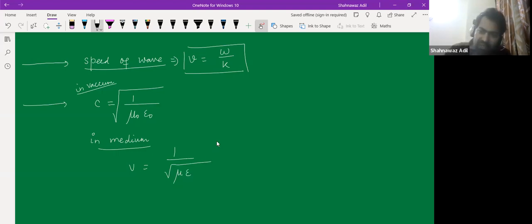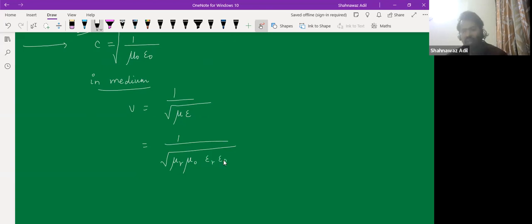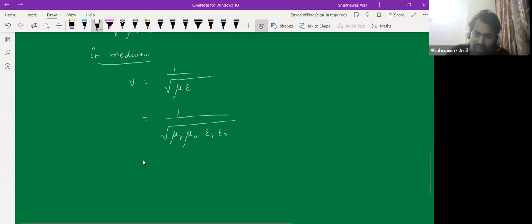So if I write this mu and epsilon in terms of relative values, this would be mu r and mu naught, and this would be epsilon r and epsilon naught, right? So let us write it separately.